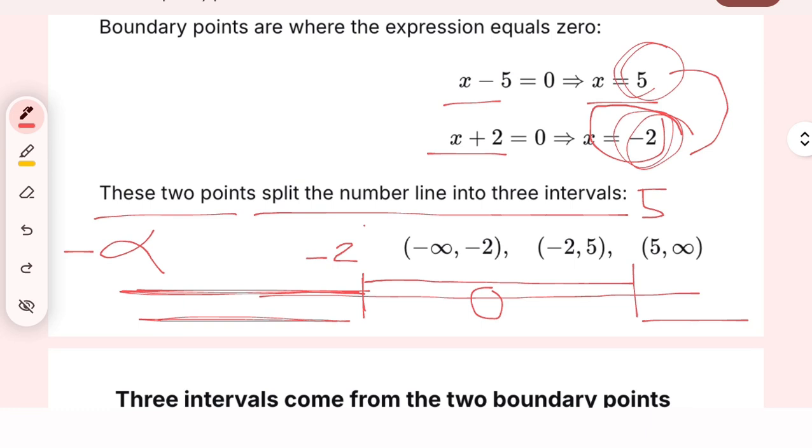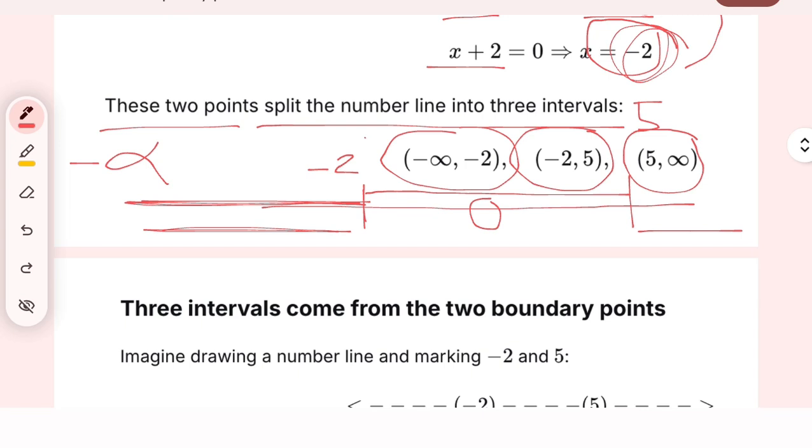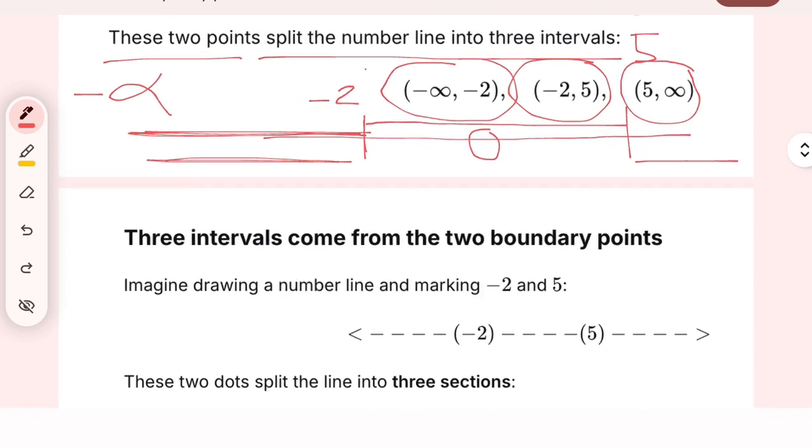The first interval is from negative infinity going to negative 2. The second interval is from negative 2 to 5. And the last interval is 5 going to positive infinity. So we have now 3 intervals, and remember, these intervals come from the 2 boundary points.